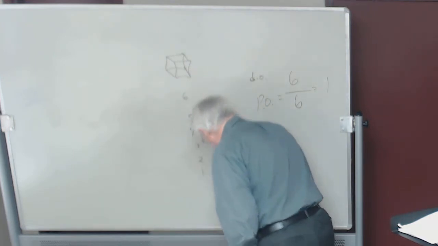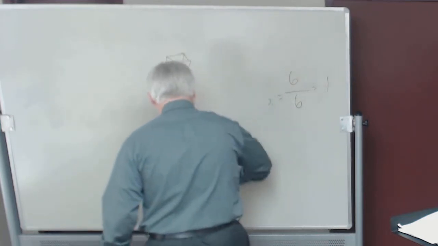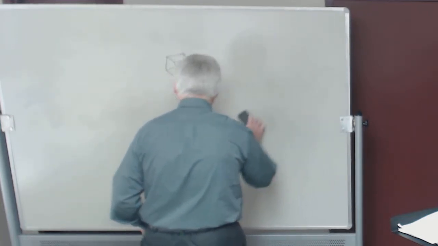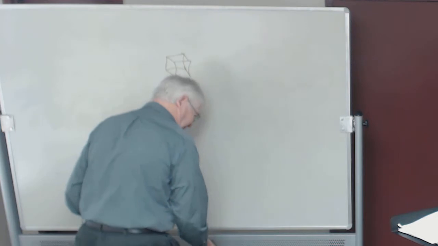So that means you roll 1, and you get 6, 5, 4, 3, 2, 1. Let me put them over here like this.